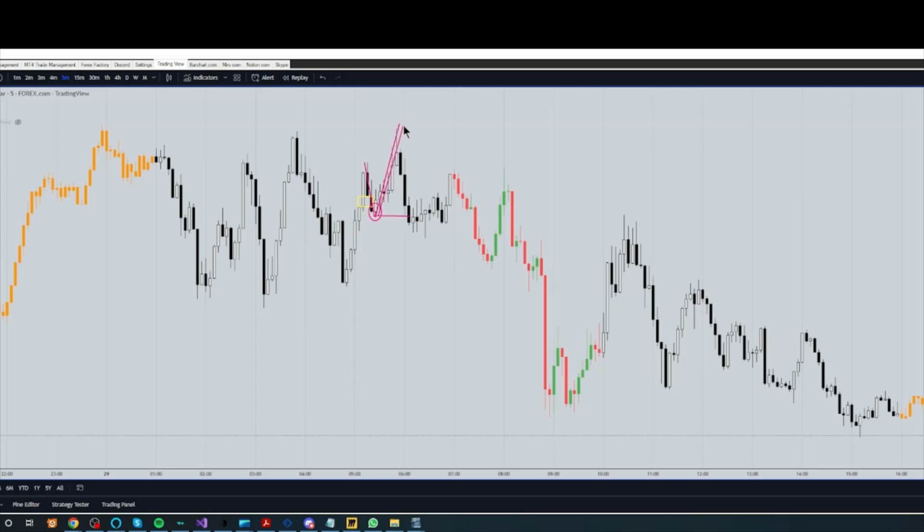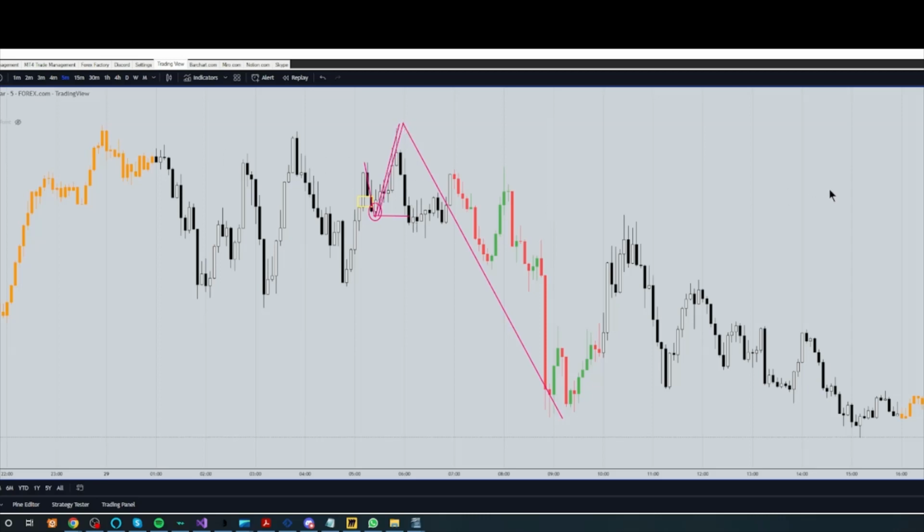I really should have done that first fractal in green to distinguish between the upwards movement and downwards movement. But you can see how as we broke this low just by here, which was formed by the convergence of the fair value gap and the swing low, our market maker buy model gets broken.